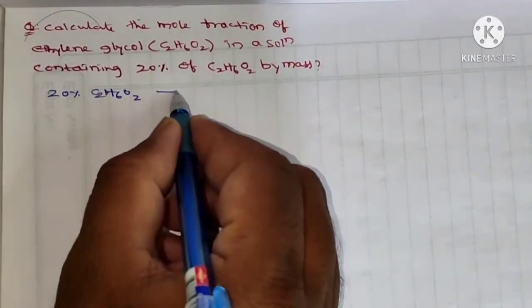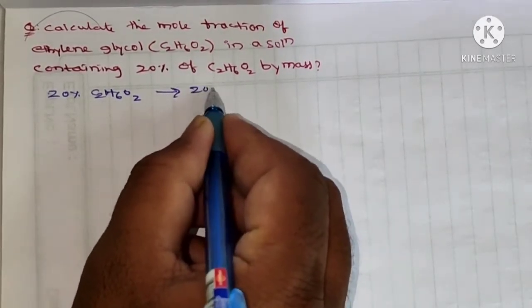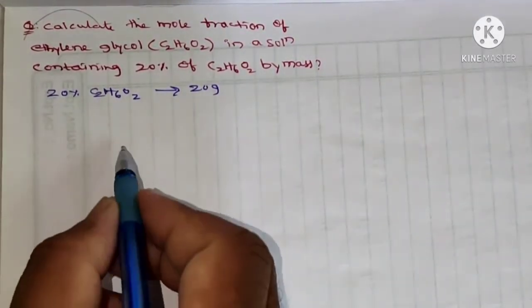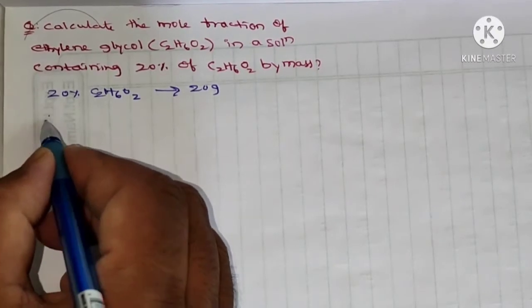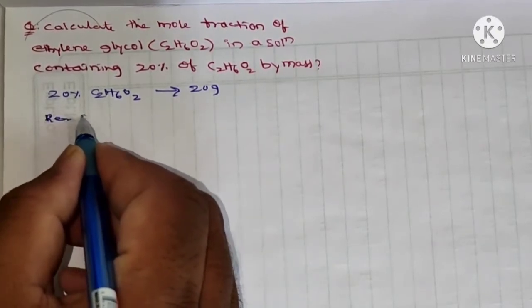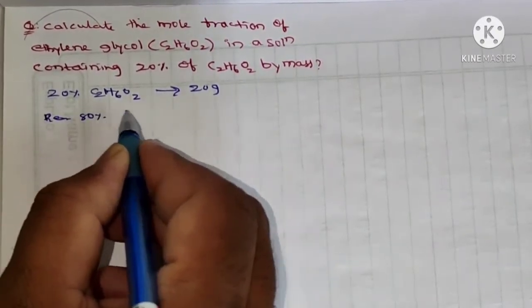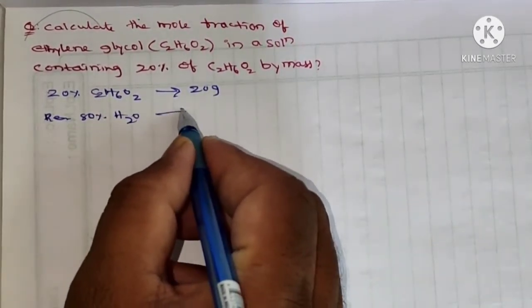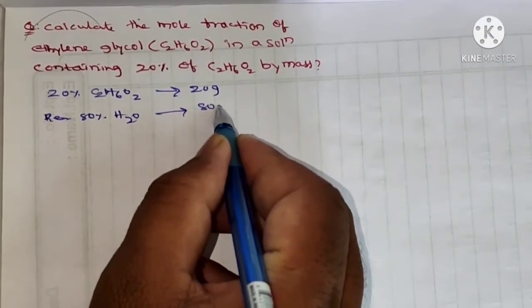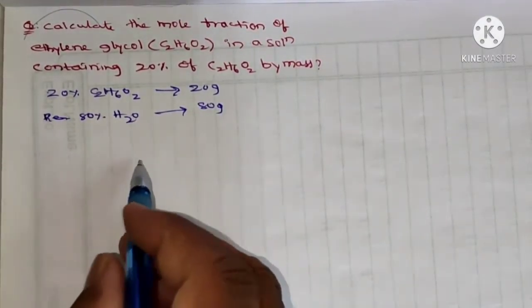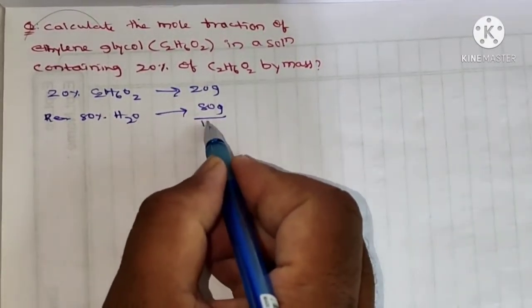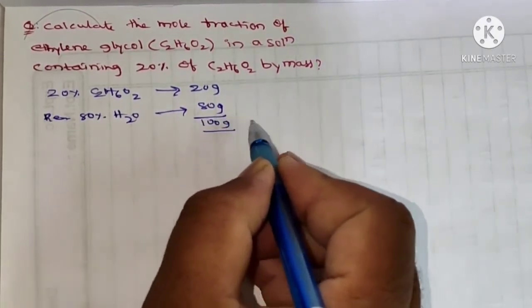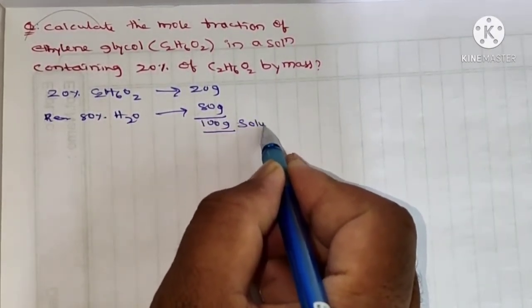So 20% of C2H6O2 means 20 grams, and the remaining 80% is water. 80% means 80 grams. So total 100 grams of solution.